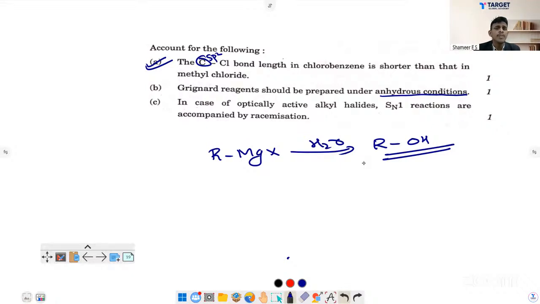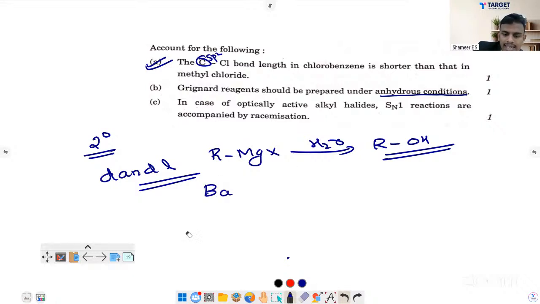Racemization means both dextro and levo enantiomers will form, most probably with a secondary alkyl halide. Two-sided attack is possible, back side and front side. That is the main reason.